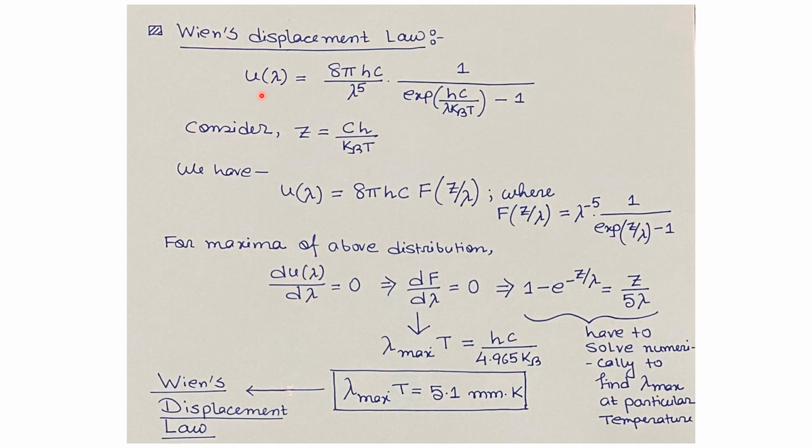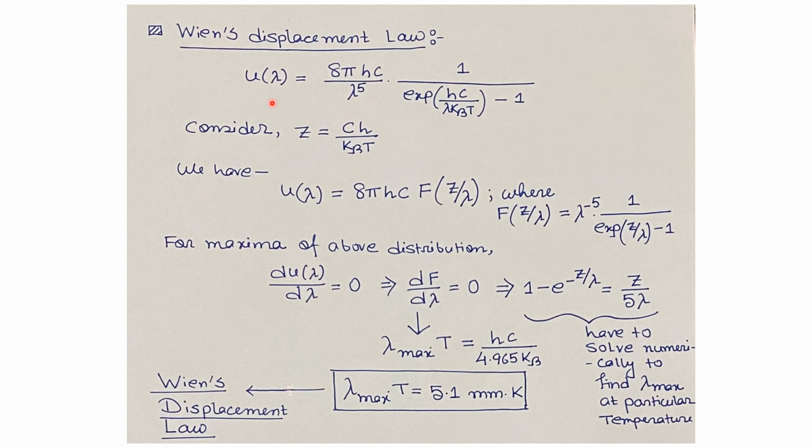So we have the spectral energy density u as a function of lambda equals 8 pi hc divided by lambda to the power 5 times 1 by exponential of hc divided by lambda kBT minus 1. We will consider z equals hc divided by kBT.